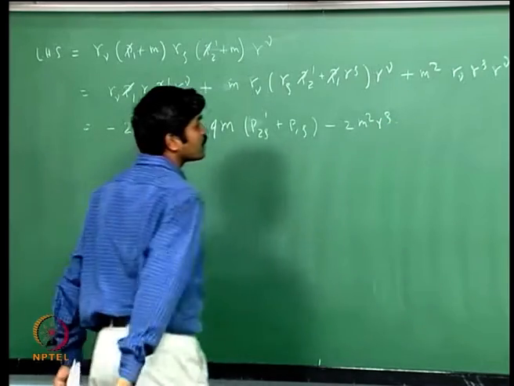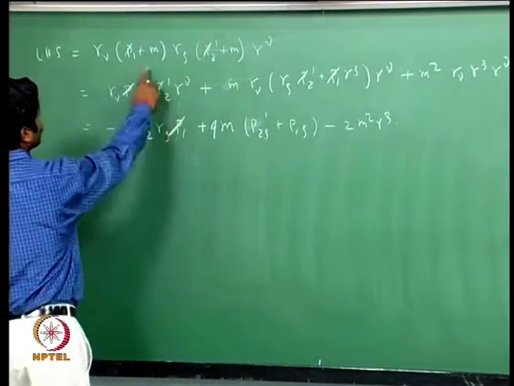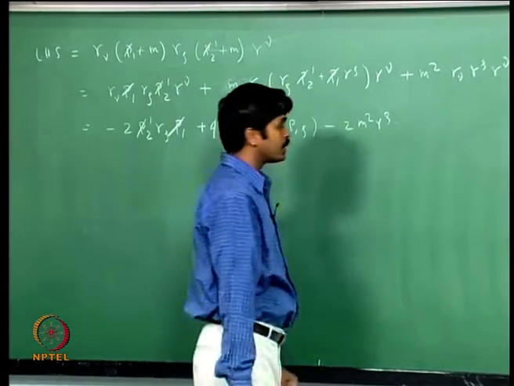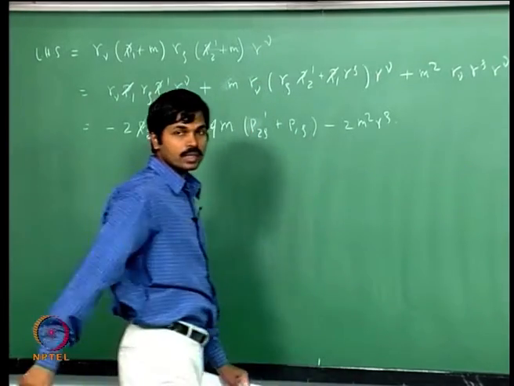This is obvious. Now, if I just expand, the proof is obvious once I use these three identities.